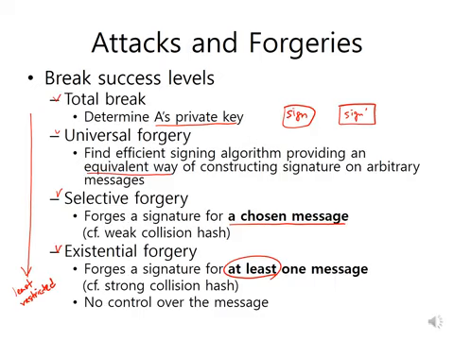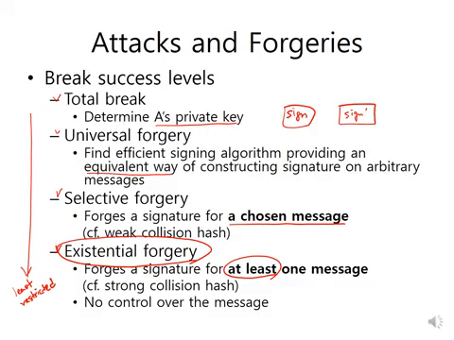So in practice, typically for digital signature security, we just consider the existential forgery attack. So if we develop some specific digital signature algorithm, we need to prove that the given digital signature algorithm is secure against existential forgery attack, rather than the total break attacker.